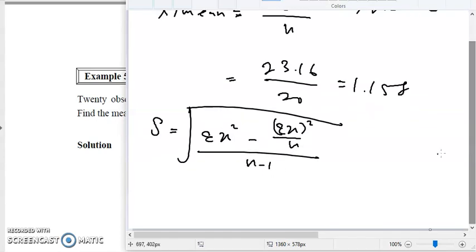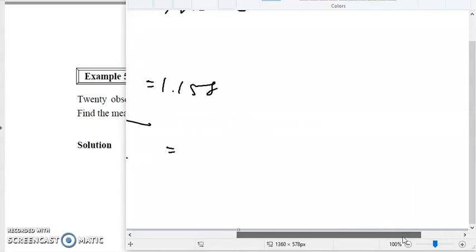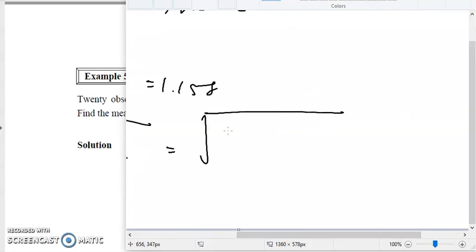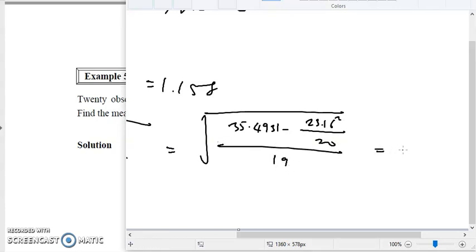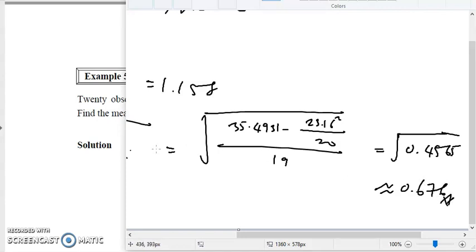So of course we'll have 35.4931 minus 23.16 squared over 20, and divided by 19, so we'll have something like 0.4565 here, and approximately we'll have 0.676. So I hope you are clear about this part.